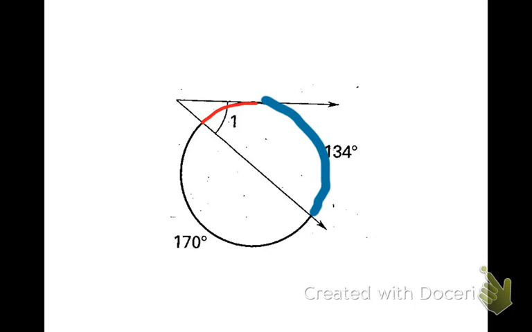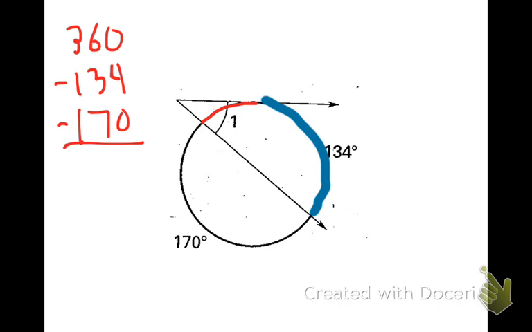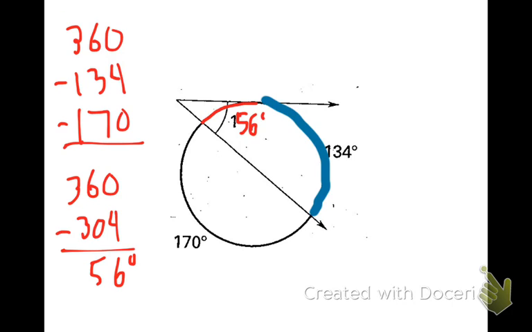134 plus 170 minus 360. Right. All the way around the circle is 360, so I subtract what I know. That's what's left. So we've got 360 minus 134 minus 170. All right, so that's going to be 360 minus 304. So that's going to be 56 degrees. So this red arc is 56 degrees.